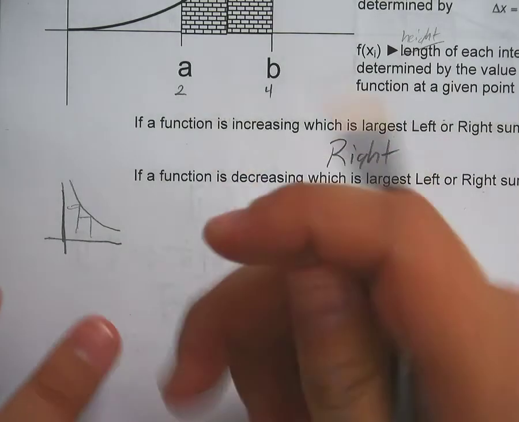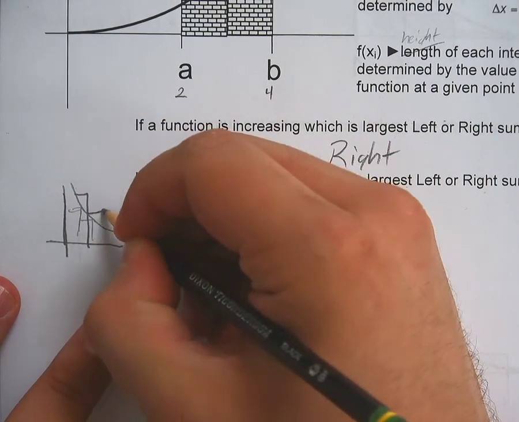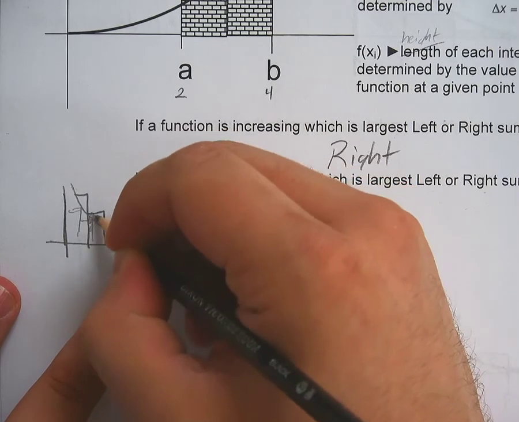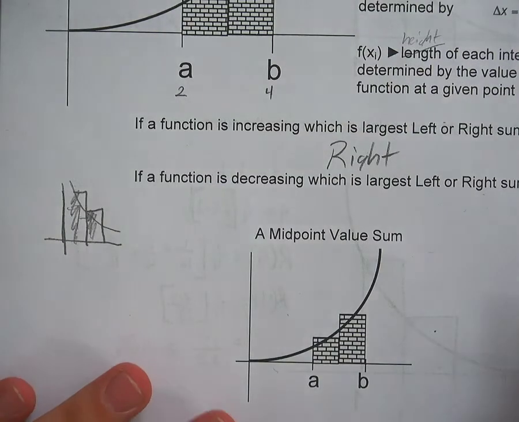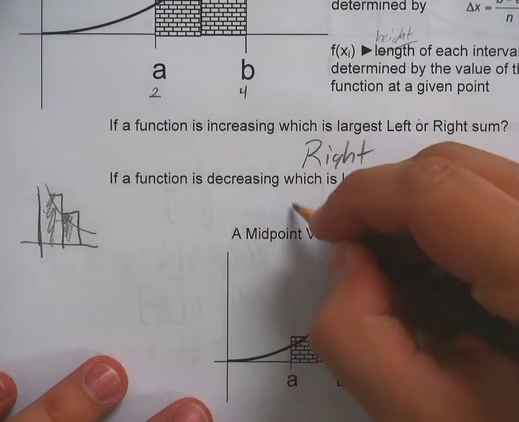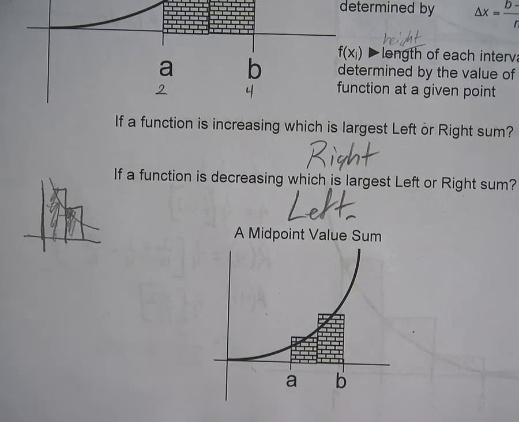So in this case, the left-hand sum, where the left-hand points are touching, is going to be the largest. And that goes back to what I said on the front page about concave up, concave down. This is just telling you that the largest sum is not always the right. It can be the left-hand sum.